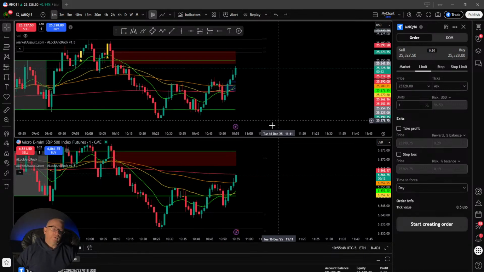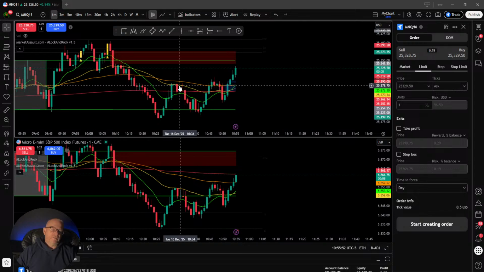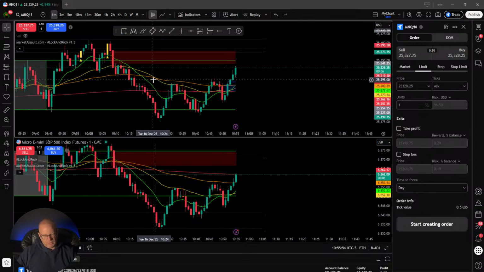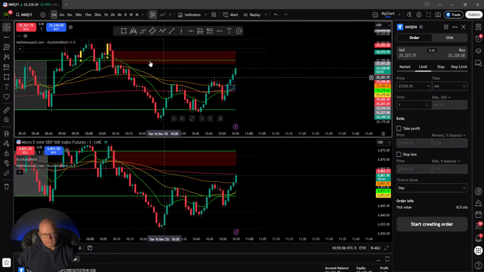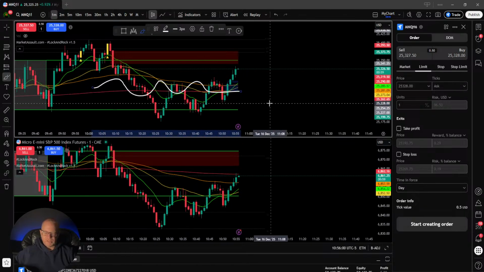So even in the reversal play, like on this one, I'm trying to think, this bugs me, just seeing the moving averages there.